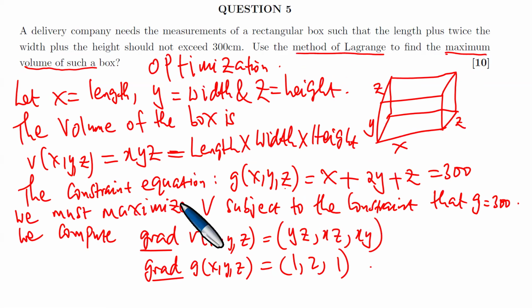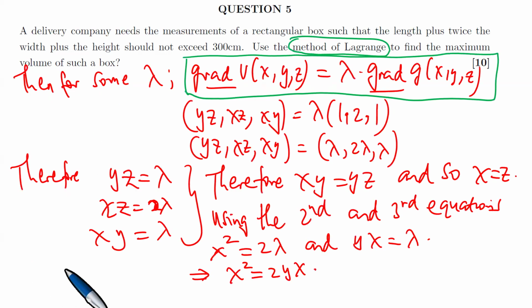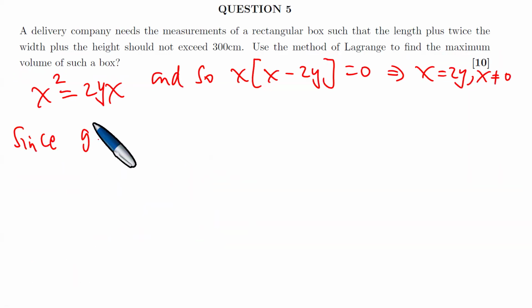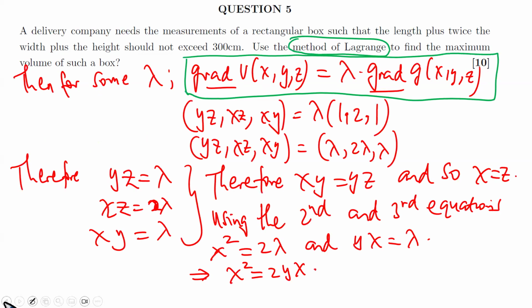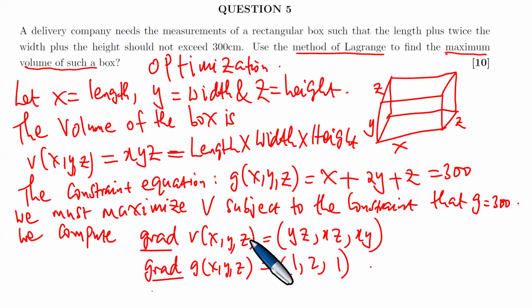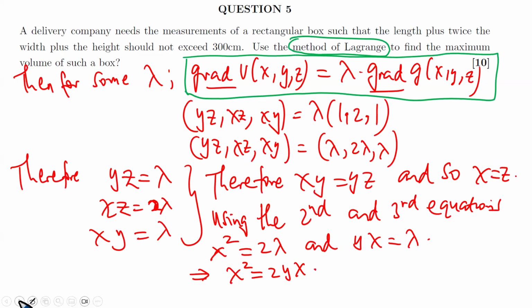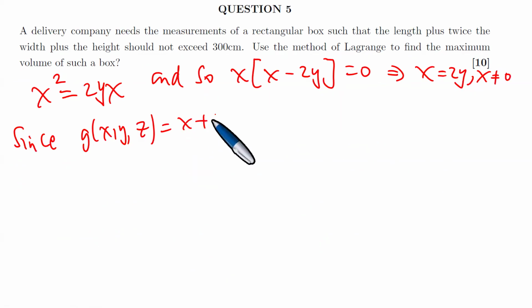It is this one: g(x,y,z) equals x plus 2y plus z. So x plus 2y plus z equals 300. But we already have that x is 2y.